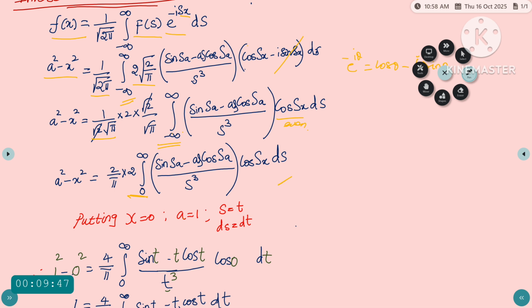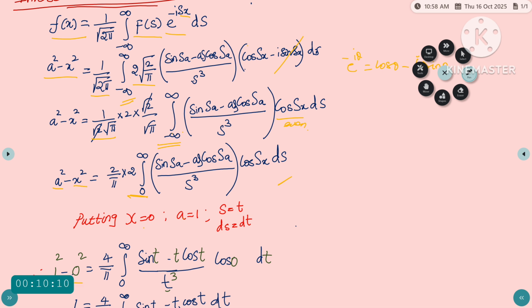They give one condition: we are going to prove the integration answer equals pi by 4. There is no need to integrate it, just simplify it. For simplifying, we take x equal to 0, a equal to 1, and s equal to t, and ds equal to dt. Now apply all these values in the last step, replacing a by 1 and x by 0.